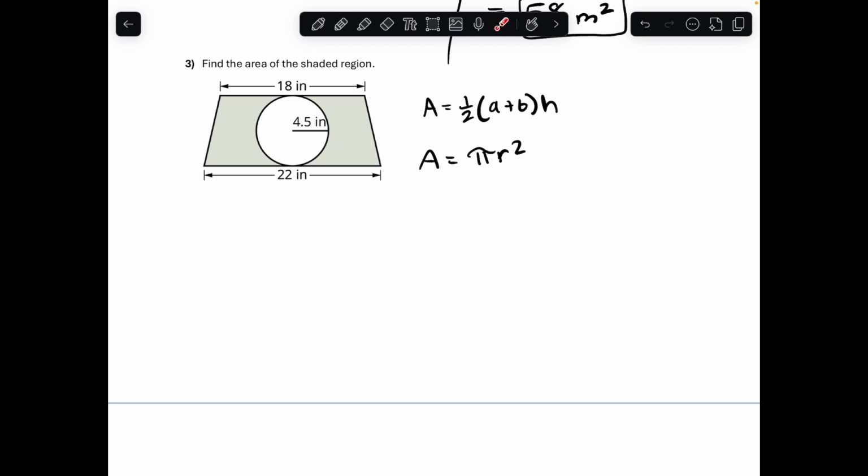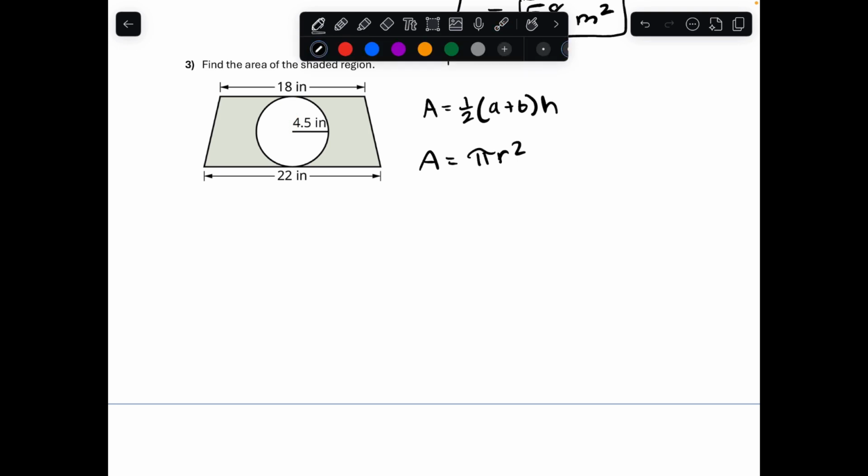Now I know all of these variables besides one of them. I don't quite know my height at the moment. However, I can easily find this. I know that the radius of this circle is 4.5 inches, and that's going to account for a radius going in any direction. And so what I can do is I can have a radius coming down here, and I know that this is going to be 4.5 inches. And then I can also have another radius going directly up, which will also be another 4.5 inches.